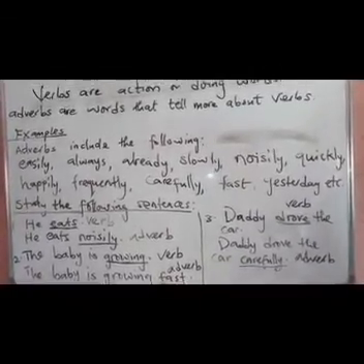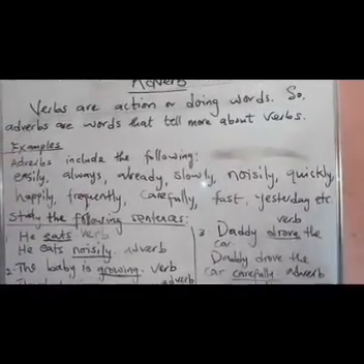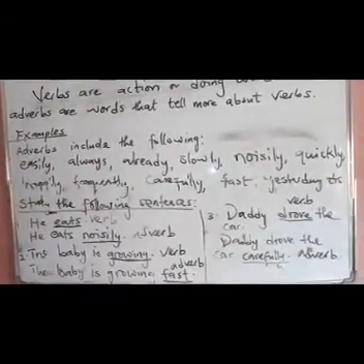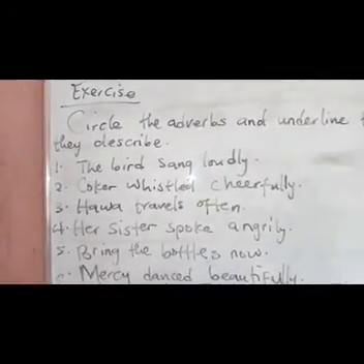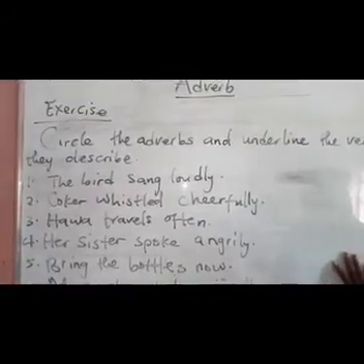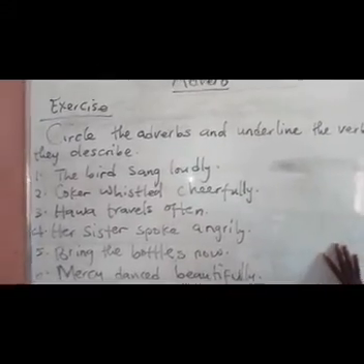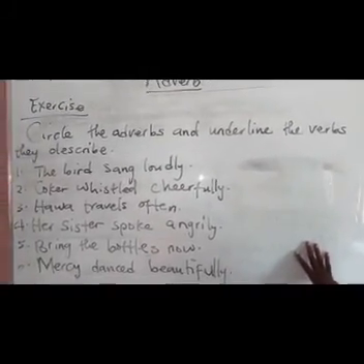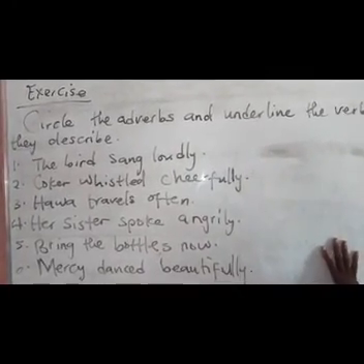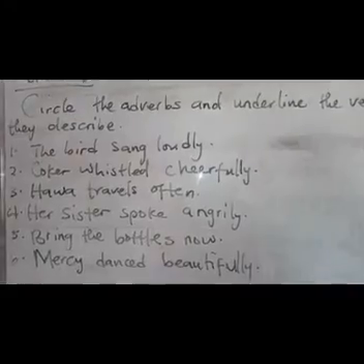We're going to be looking at more sentences with adverbs. Now, here are some sentences with adverbs. What we need to do here is to circle the adverbs and underline the verbs they describe. The first one we have, the bird sang loudly.